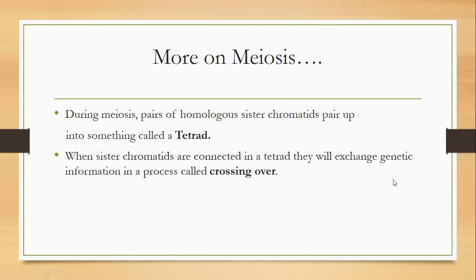When sister chromatids are connected in a tetrad, they will exchange genetic information in a process called crossing over. Crossing over is going to become really important down the end of the year when we discuss evolution, because this is one of the ways that organisms are not genetically identical to the parent or to either parent, but genetically similar.